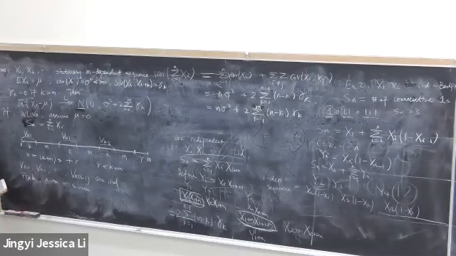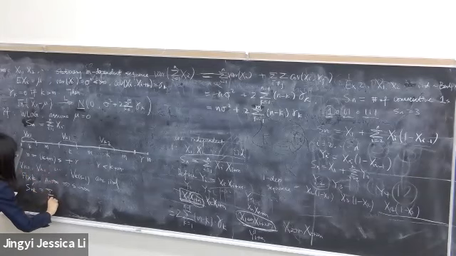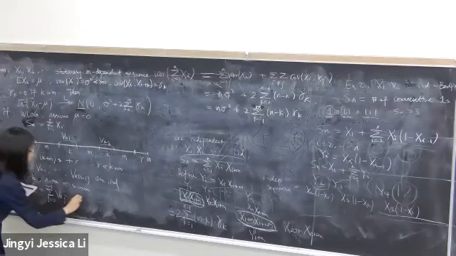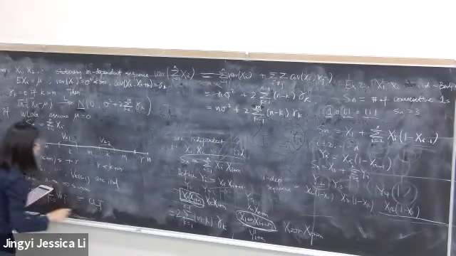So I will define this as S'_{N,K}. This is just the summation of V_{K,0} to V_{K,S-1}. In other words, I would write it as the sum over J from 0 to S minus 1 of V_{K,J}. So I will use the central limit theorem to handle this part because of the IID.